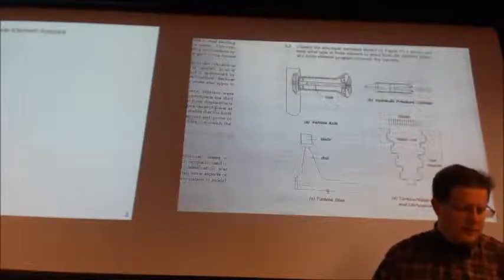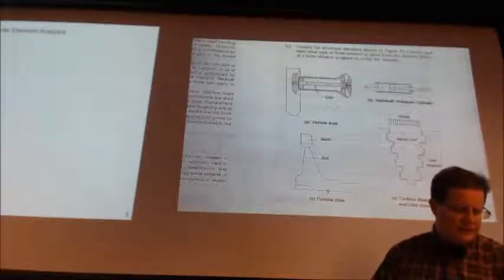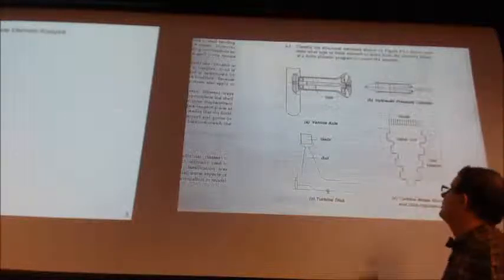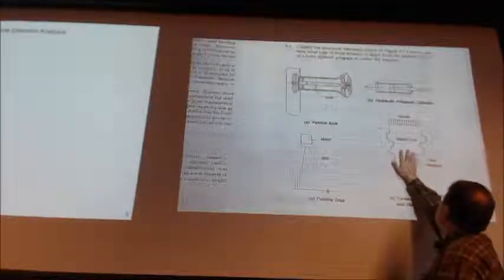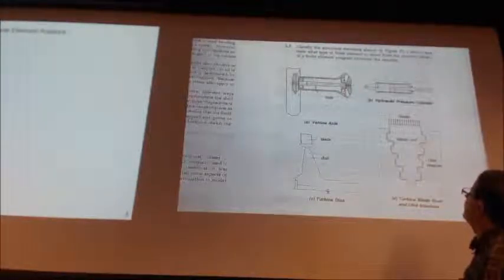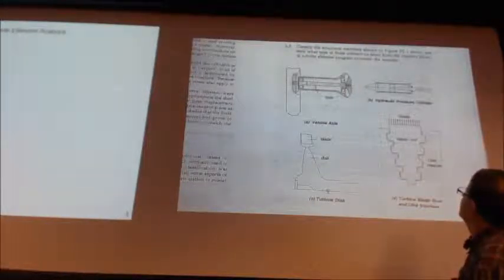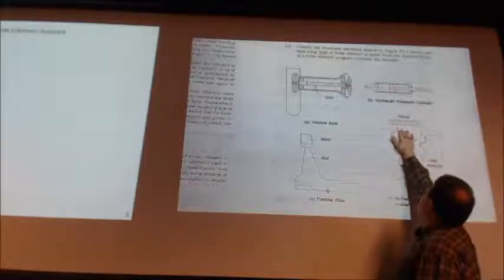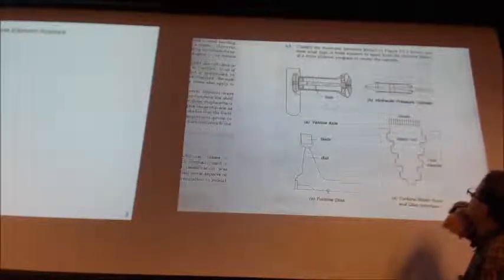And then, let's see, what was the next one? Oh, the turbine blade root and disc interface. Okay, so I'm guessing they're talking about this here. Or maybe they mean that.